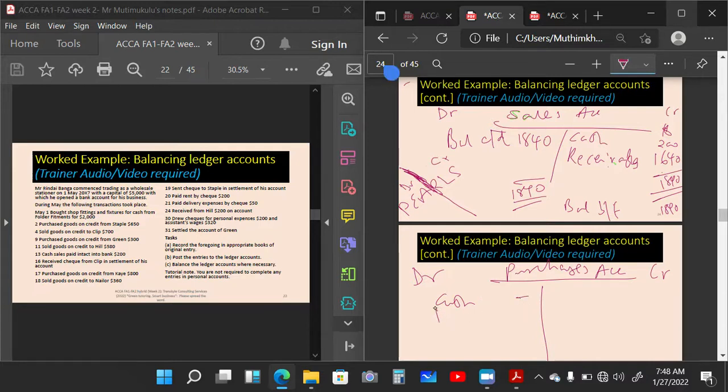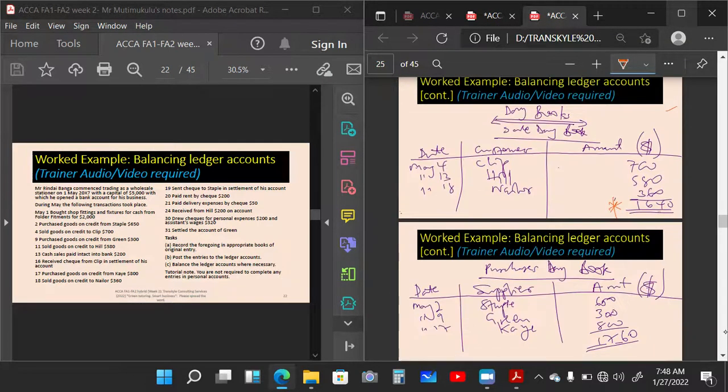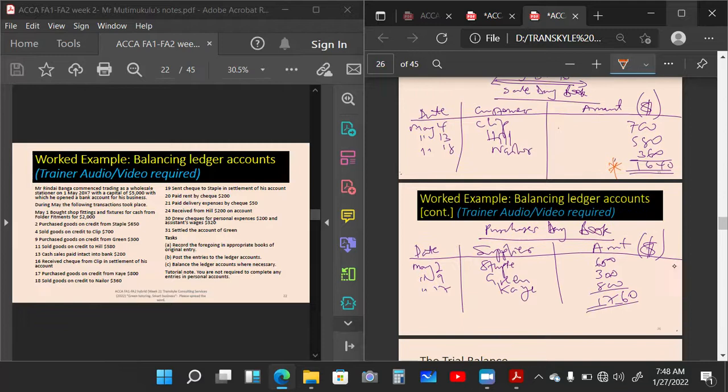Then we have got payables. And from where do we get information about payables? Obviously we get it from the purchases daybook, because for sales we obtained receivables here.